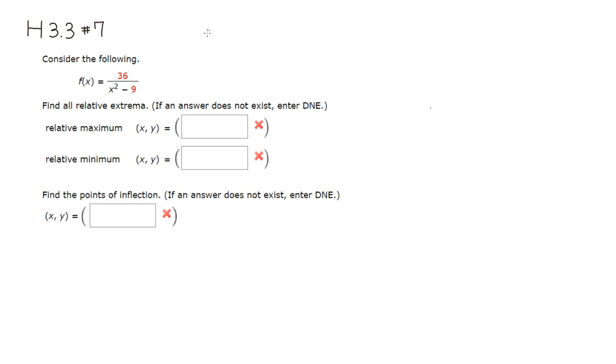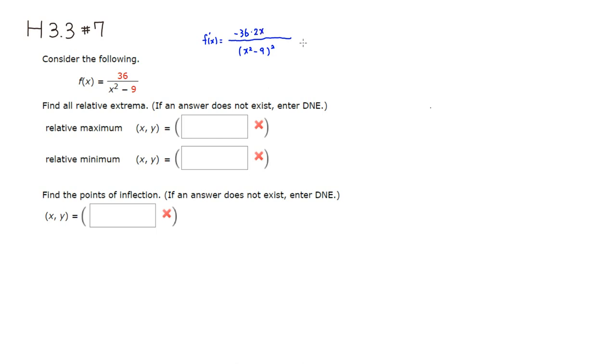If you take the derivative, f prime of x is equal to, we're going to square the denominator, so quantity x squared minus 9 squared. The derivative of the top is 0, and so times the denominator is 0 anyway, so you have a minus top 36 times the derivative of the bottom, which is 2x.